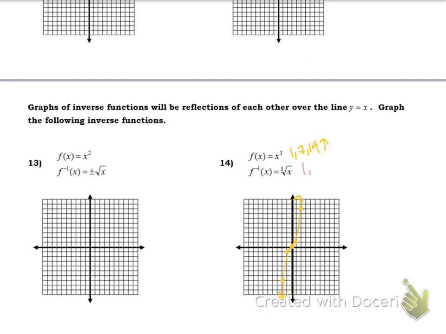Okay, 1, 7, 19 to the right, starting at 0, 0. So up 1, right 1, up 1, right 1, 2, 3, 4, 5, 6, 7. Left 1, down 1, left 1, down 1, 2, 3, 4, 5, 6, 7. Okay, you can see the mirroring again across that y equals x line.